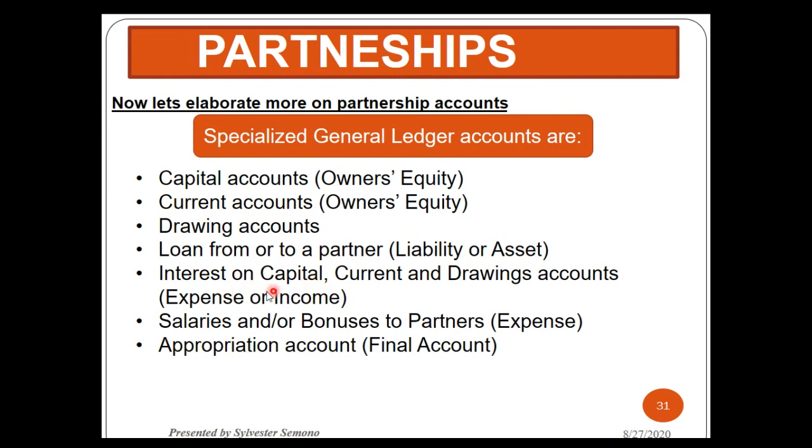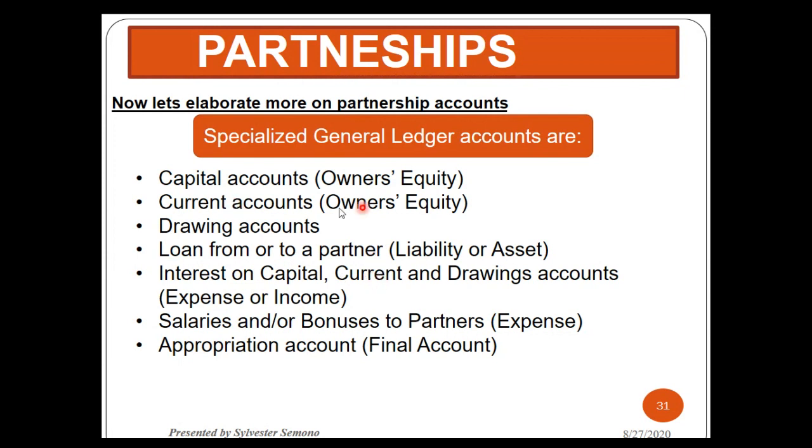Under the partnership agreement, the partners may decide to calculate the interest on capital, interest on current accounts, and even the interest on drawings. Remember, the interest on capital will be classified as an expense to the business because the partnership will be paying this interest to the partners. Okay, but the interest on current account will depend.